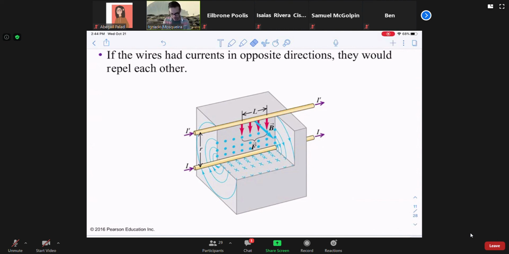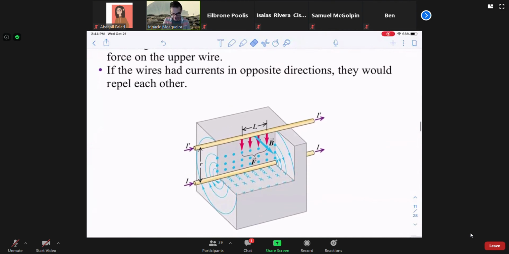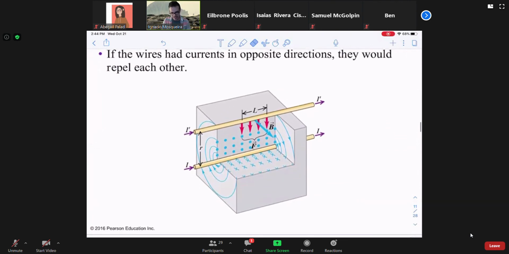Well, actually, they kind of gave you the answer here, so that answers my question. But let's see if we can understand that, if we agree with that statement. The answer is already in the PowerPoint. If the wires have currents in opposite directions, then they repel. They push each other away.